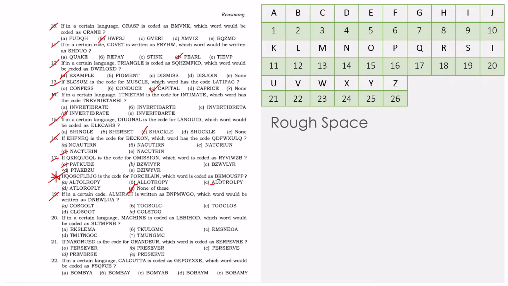So Almira is written as BNP MWGO. Which word would be written as DNRWLUA? So this is not even a typical question, so you can just solve that.